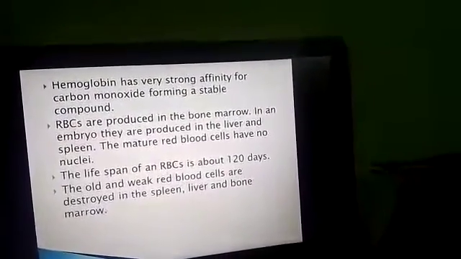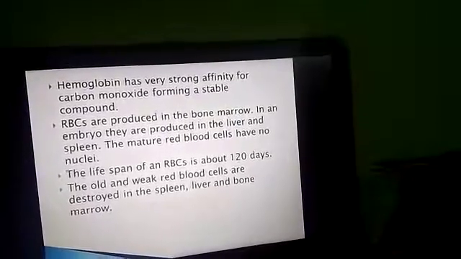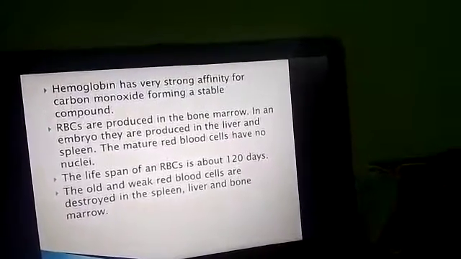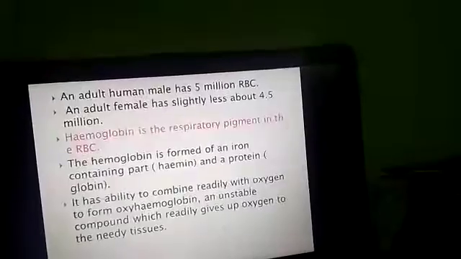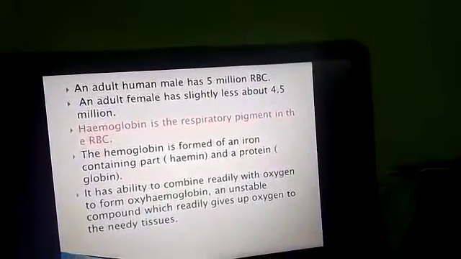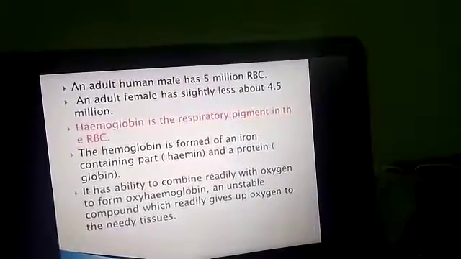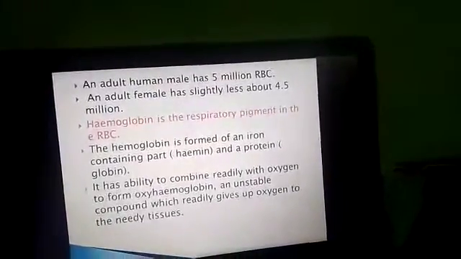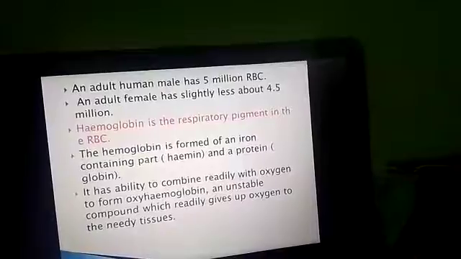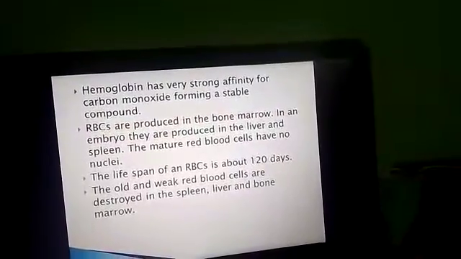Hemoglobin has a very strong affinity for carbon monoxide, forming a stable compound. In the previous slide we discussed that it is an unstable compound when it combines with oxygen, but it forms a stable compound with carbon monoxide.